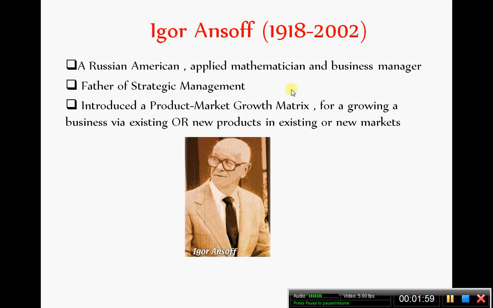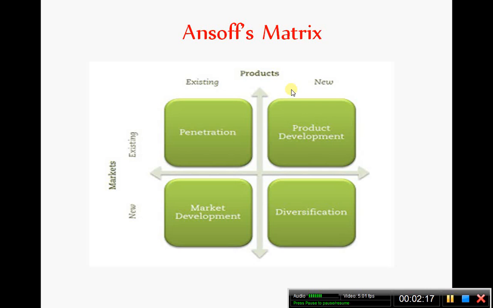In his product market growth matrix, for a growing business, existing or new products in existing or new markets are the sections that we're going to look at more in detail in this presentation. When one tabulates the 4 growth strategies, it will look like this.